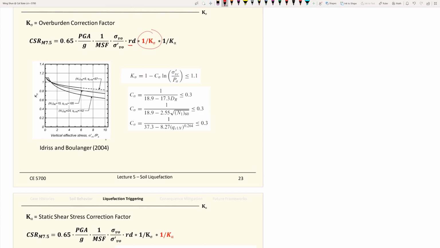When you're at more shallow ground, with a lower confining stress, it will pump up the loading. They use 1 atm as the reference point right here. So P sub A stands for 1 atmospheric pressure, which equals 2116 psf.